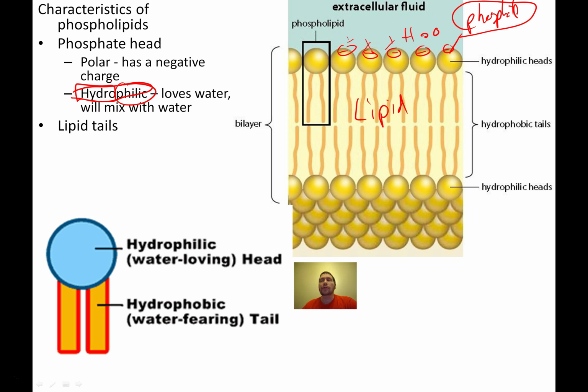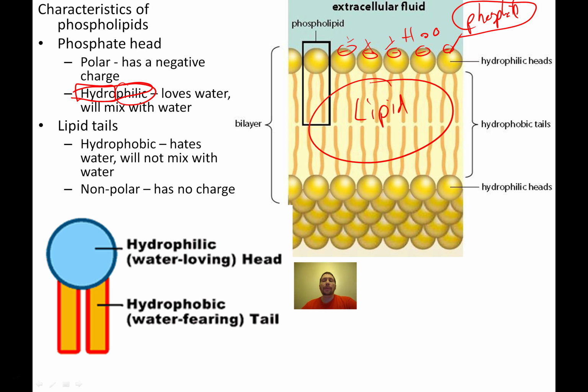Now the lipid tails are almost entirely the opposite. So we're talking about this part down here, the lipid region of the phospholipid. Now, the lipid tails are hydrophobic. They do not like water. You should be able to realize this because these guys are made out of fat, and fat does not like to mix with water whatsoever.